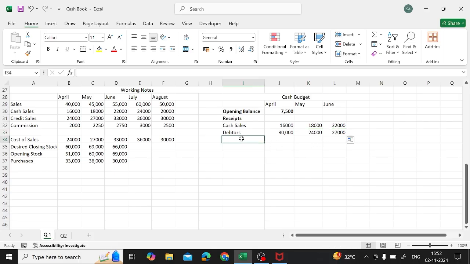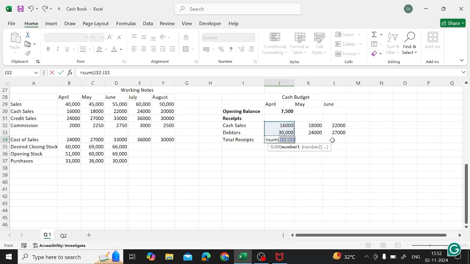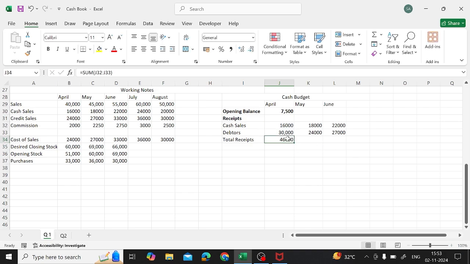I think these are the only two collections, so we can write total receipts, the sum of the two. I'm making it bold.